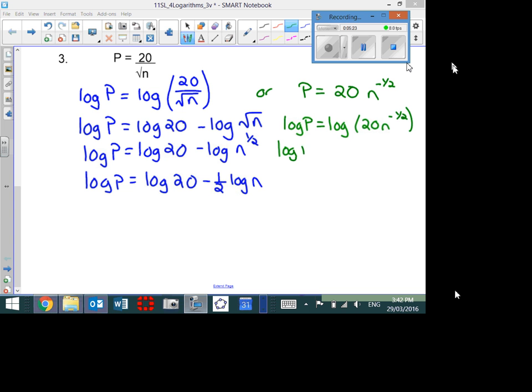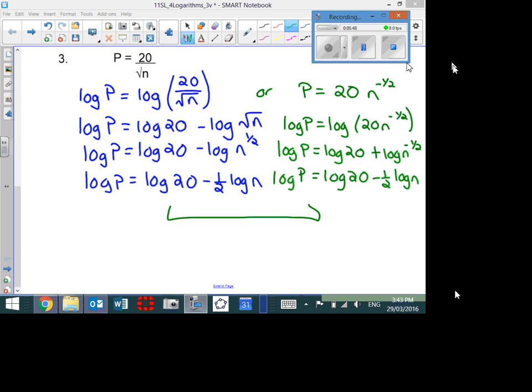So I have log p equals log of 20 plus log of n to the negative 1/2, which again, now I can take my exponent rule or my power rule, and I can say that negative 1/2 is going to be my coefficient. And now suddenly I'm down to the exact same place that I was when I used my subtraction rule.